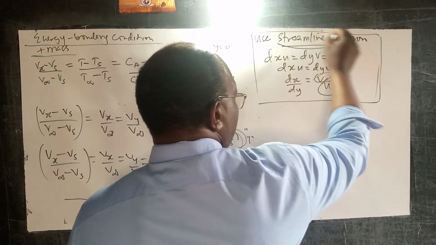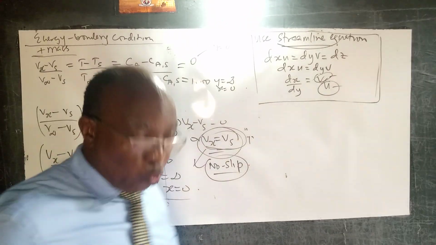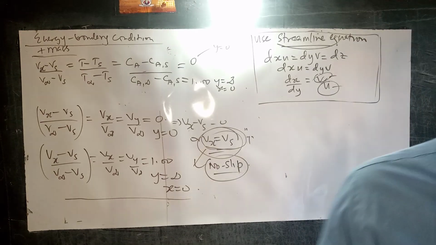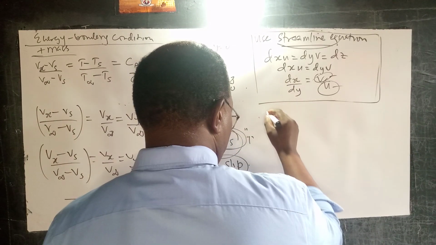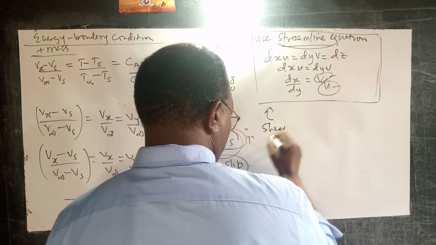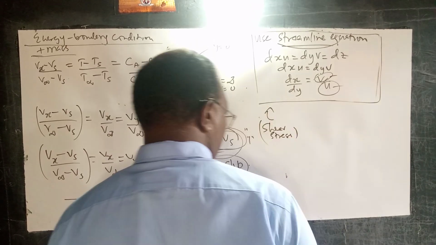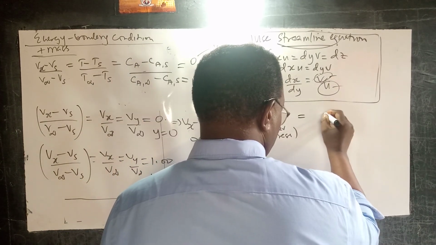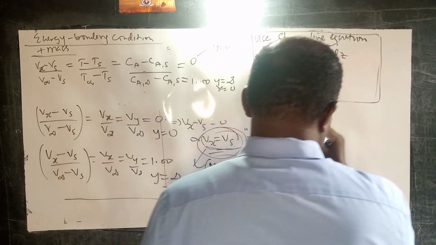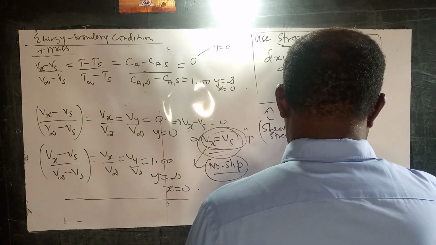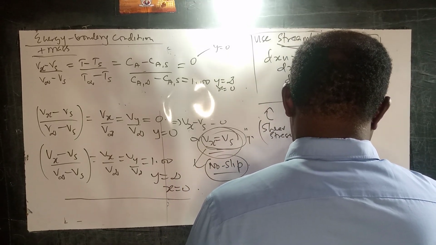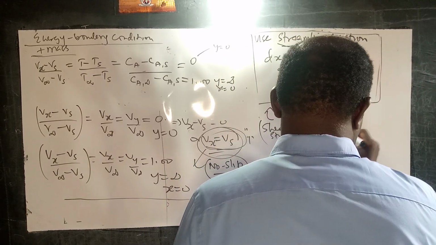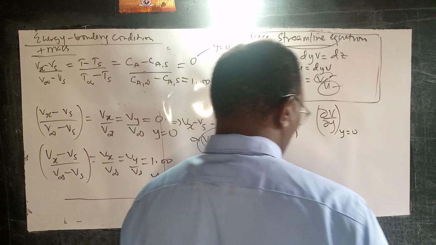So that when we use the streamline equation to compute the shear stress between the fluid flowing on that semi-infinite plate, then tau, the shear stress, is mu del v del y, where y is equal to 0.